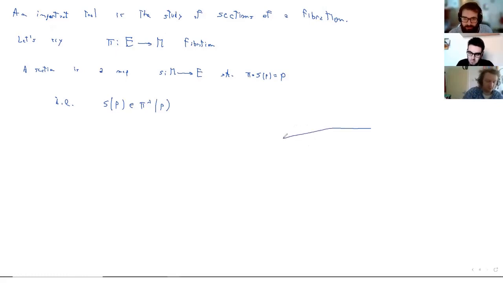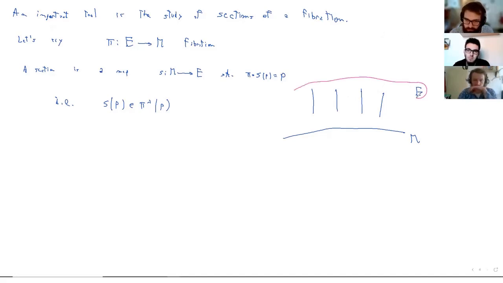So the way I imagine this is that here we have our M, and over every point you have some fiber. So the union of all of this is like our E. Maybe I'll use colors here. I can think of each of these vertical lines as fibers.